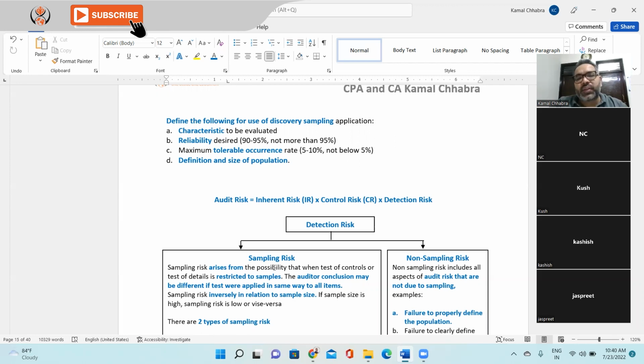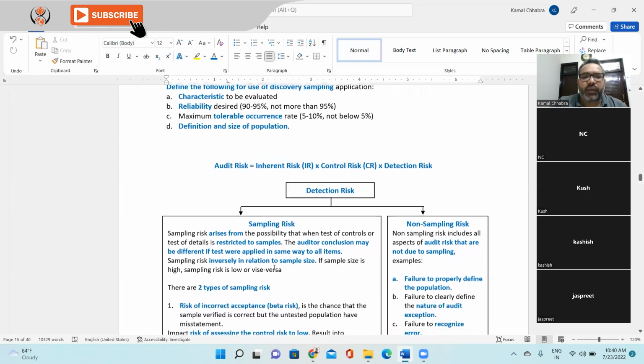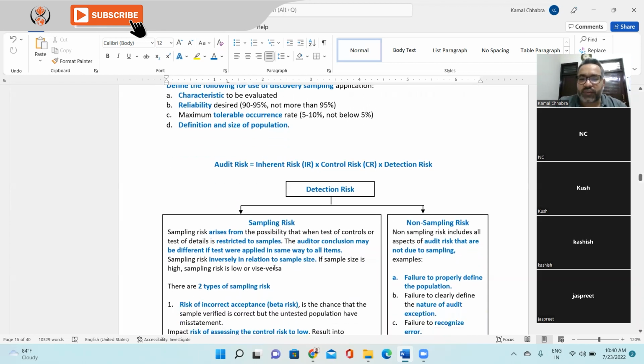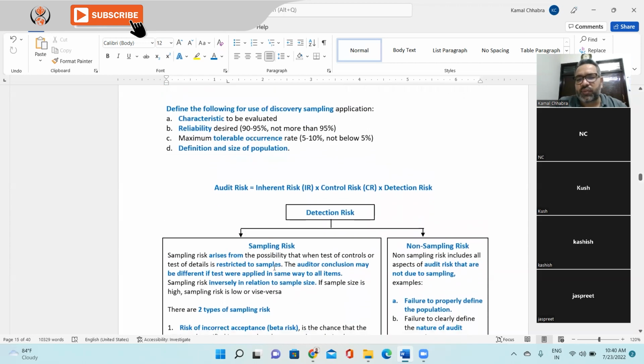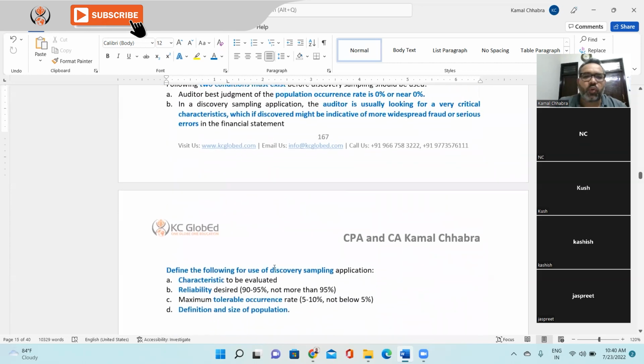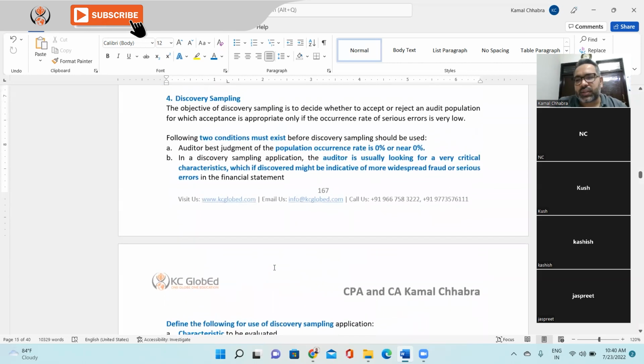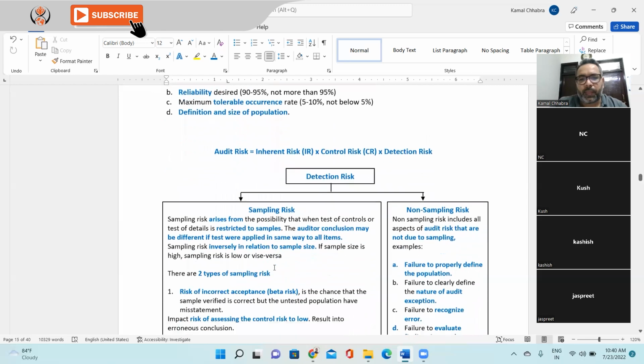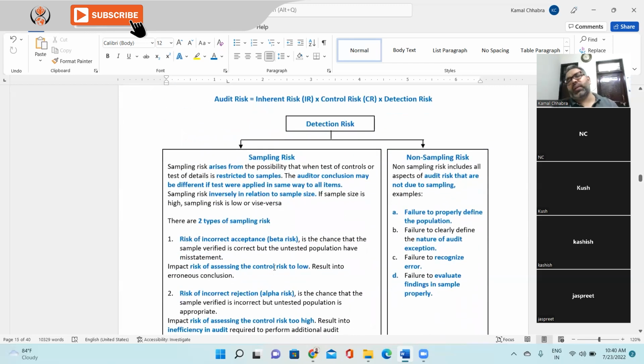Maximum tolerable occurrence rate should not be below 5%, so it should be in a range of 5 to 10%. And the definition and sample size of the population. All these things you need to define in the respective tool when you are planning to use discovery sampling. Now, in all these sampling techniques, the most critical thing is detection risk.